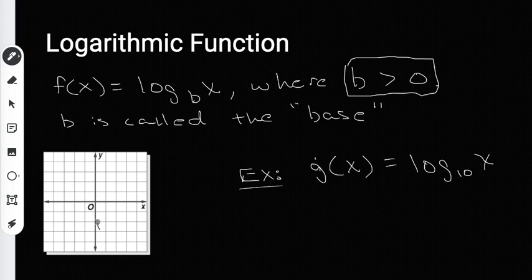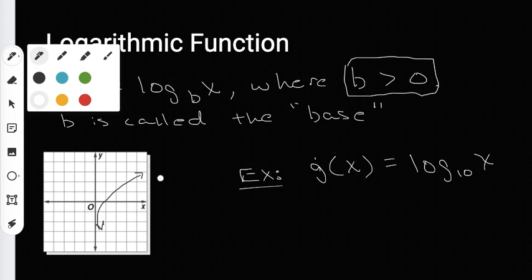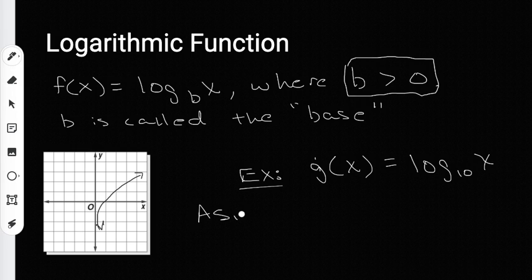So it's going to look like this. But over here, it gets really, really close to the y-axis, but it never crosses. So this is going to have an asymptote. The asymptote is x equals 0, also known as the y-axis.